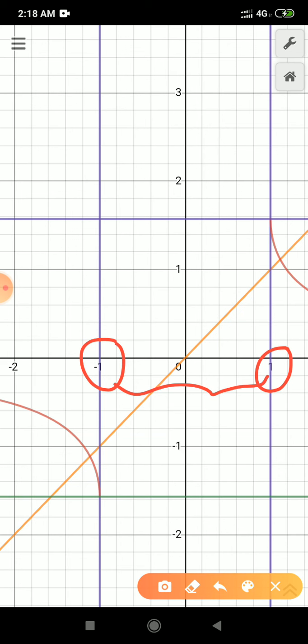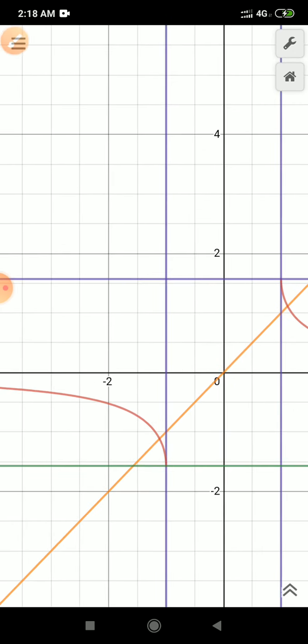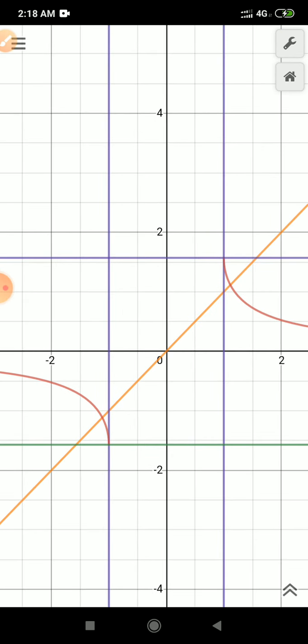And for the range, you see we only have values from minus pi by 2, the lower green horizontal line, to the upper violet horizontal line. Those lines are minus pi by 2 and pi by 2, and you can see that within this range the function is defined. So the range should be minus pi by 2 to pi by 2, except at the point y equals to 0.